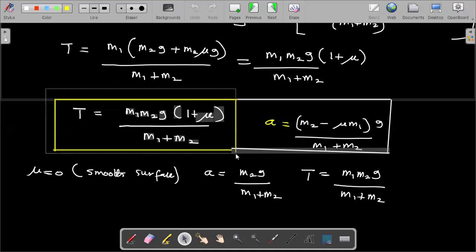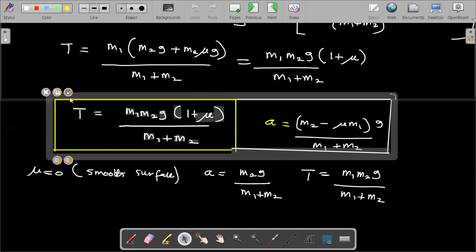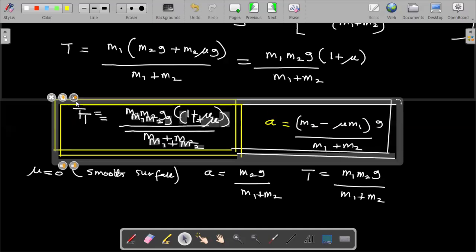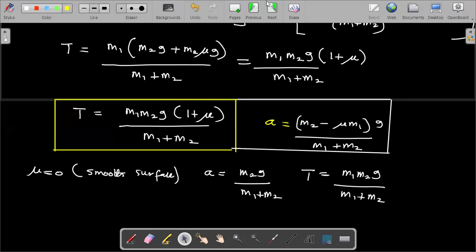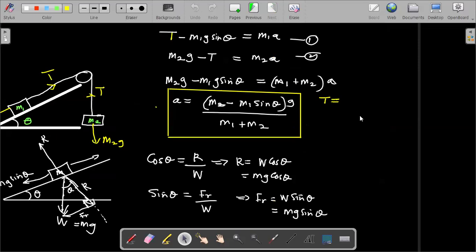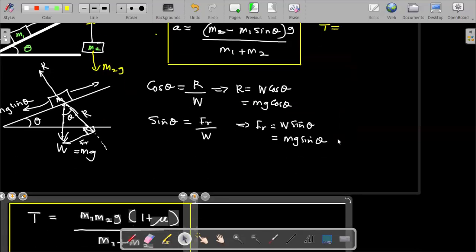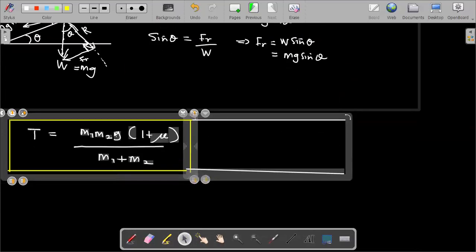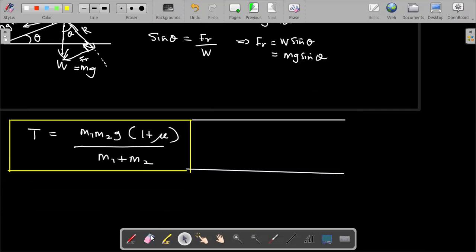Let's capture this and position it here. So what we just need to do is, this is exactly what we are going to have.